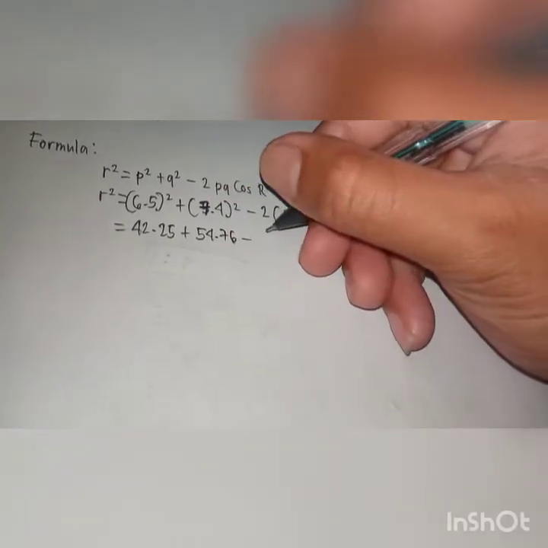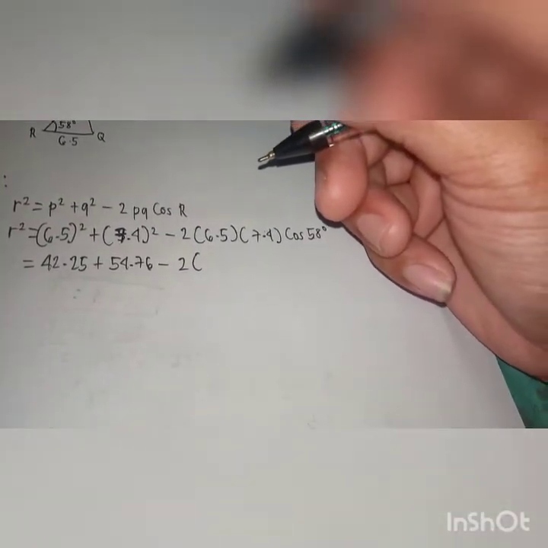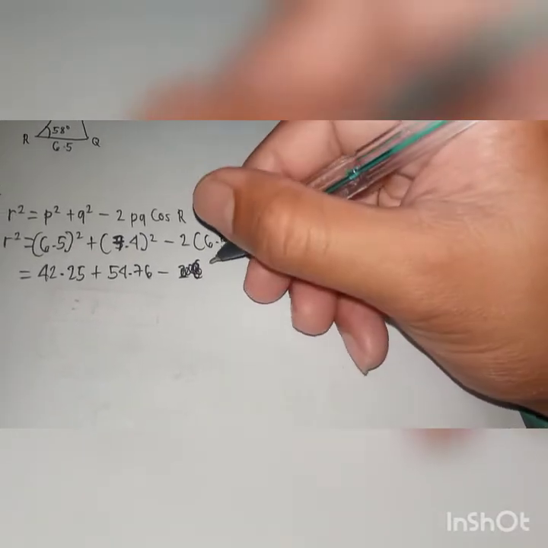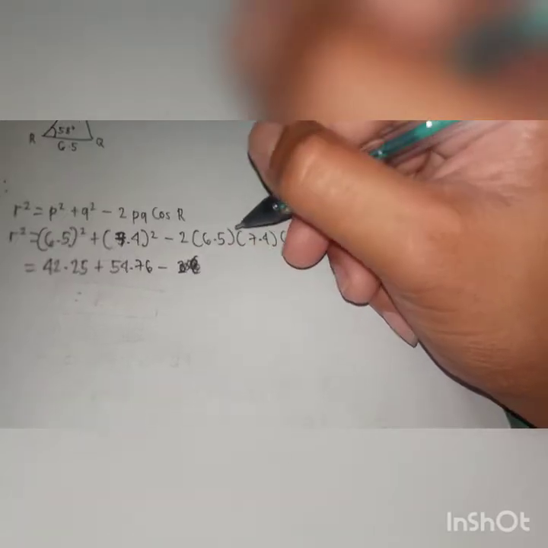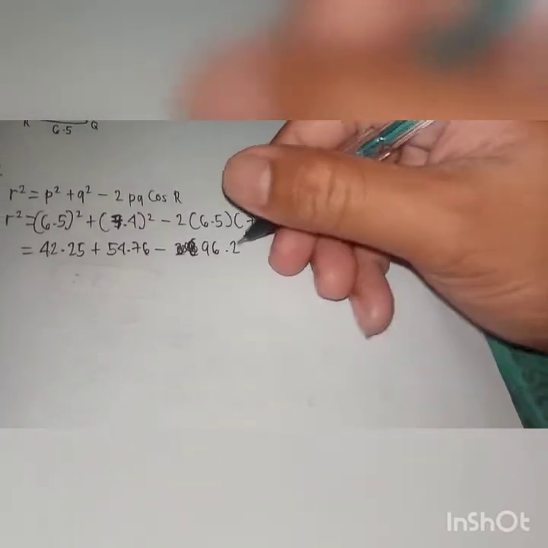So minus 2 times 6.5 times 7.4, which is 96.2.